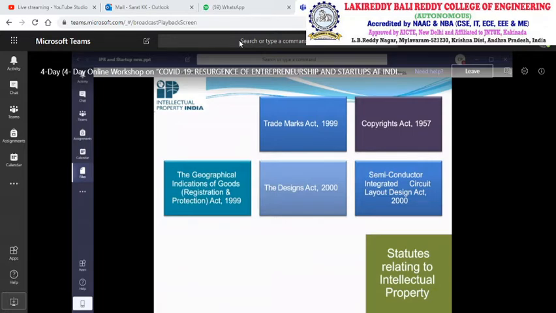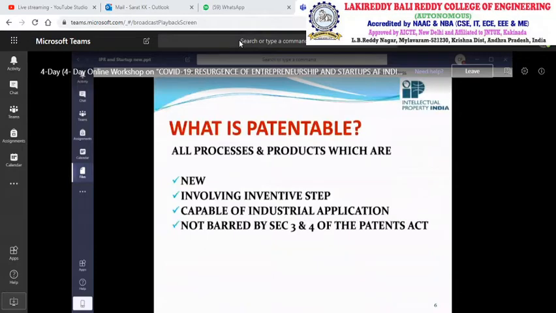Any invention. What is an invention? Invention means any new process or new product. Just keep in mind, any new process or new product is known as an invention. An invention is patentable only if it is new.